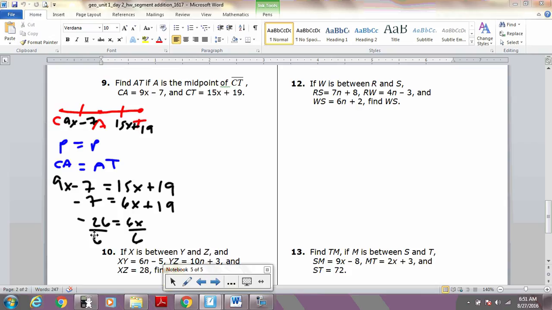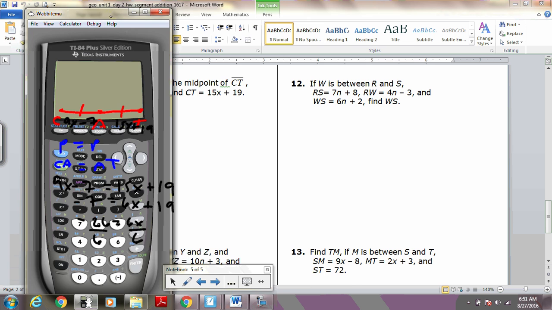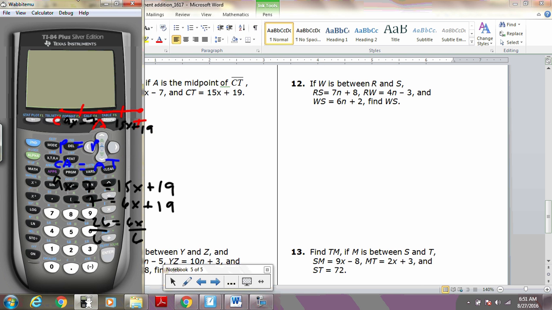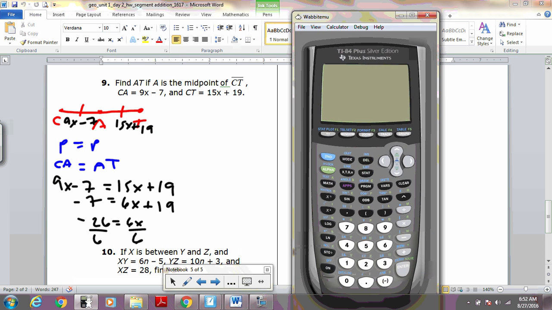And let's grab our handy dandy calculator for this one because it's going to be a fraction, which are yummy. So negative 26 divided by 6 is negative 4.333.